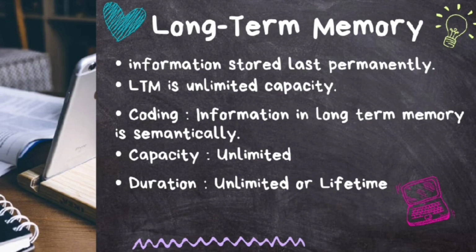Information can be lost, but this doesn't seem to be because it is out of room. The information may still be in long-term memory but not as accessible. Basically, long-term memory is a permanent storehouse of information. That is why it is unlimited.